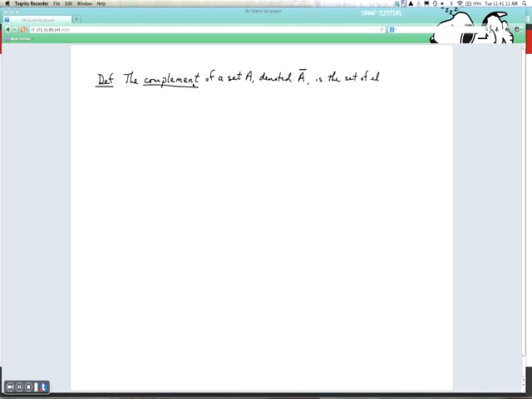This is the set of elements in the universal set U, but not in A. And again, my key word here is not. For a complement, we think not in A.